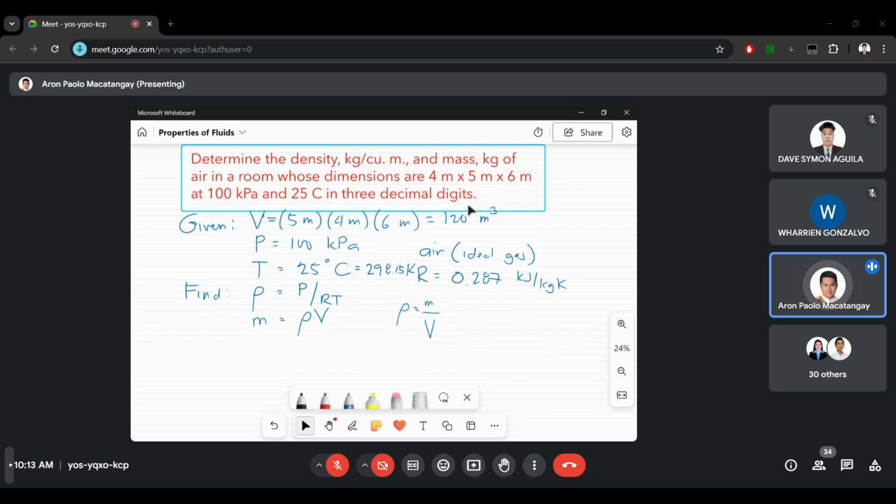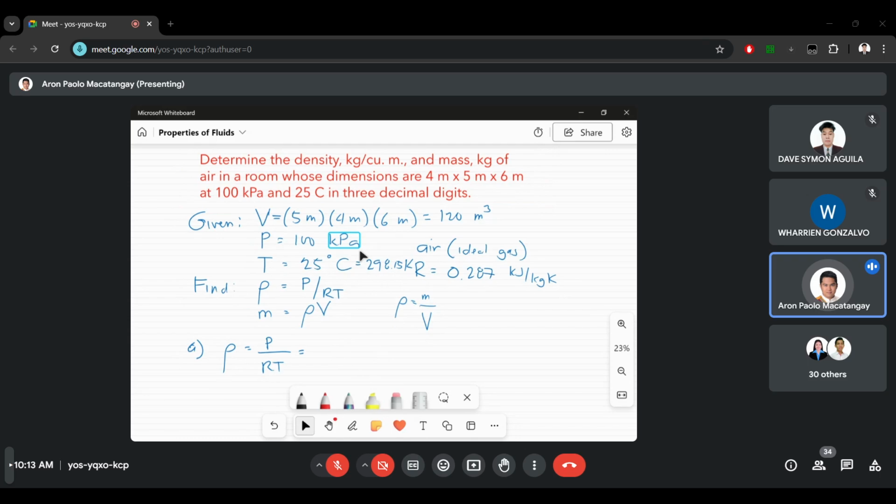Okay. So from this, we can start solving. We start with the density equals P over RT, which is equal to P, that is 100 kPa, divided by R times T. R is 0.287 kilojoule per kilogram Kelvin times T, which is 298.15 Kelvin.